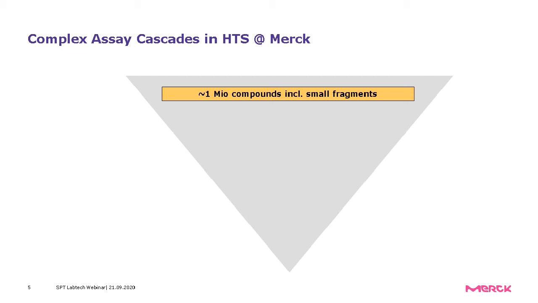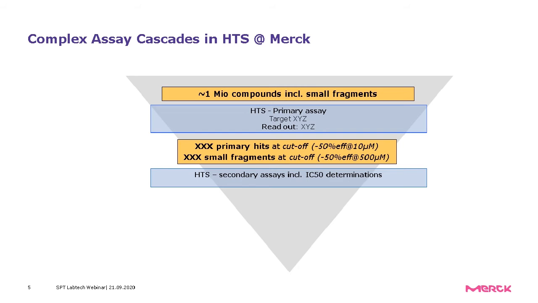In the primary assay, the compounds are being tested usually at 10 micromolar single point concentration, and normally we do this on 1536 well plates. The hits from the primary screening, we will determine a certain cutoff, and these hits are then being screened in dose responses.